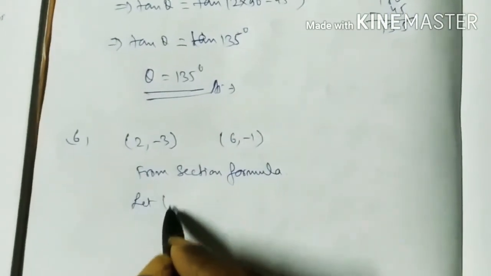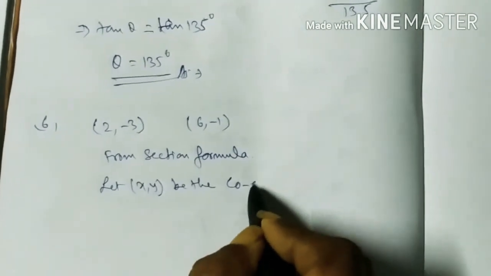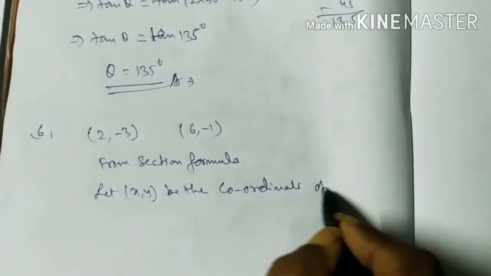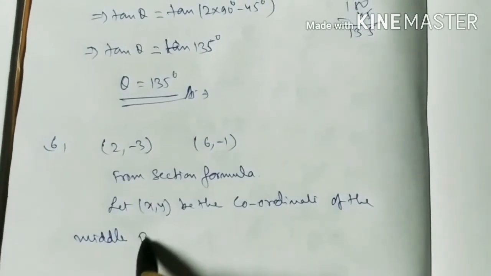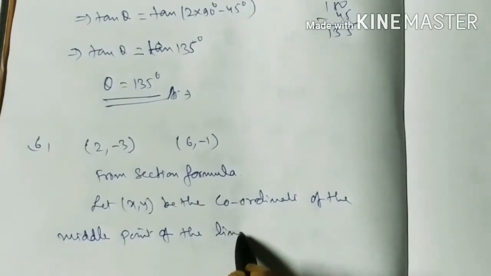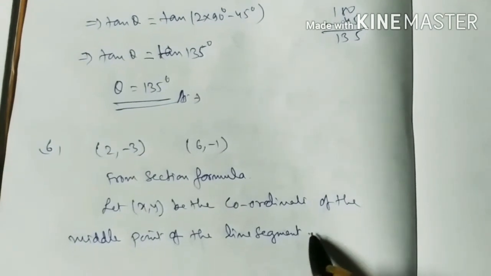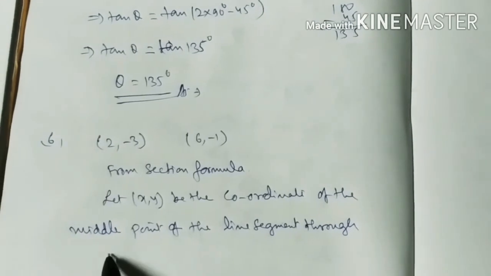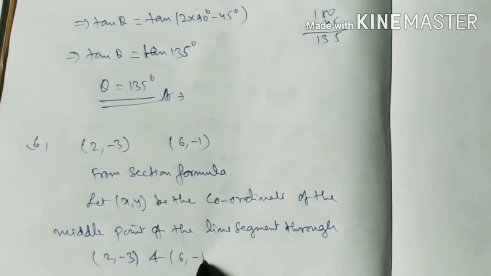Let x and y be the coordinates of the middle point of the line segment through (2, -3) and (6, -1).